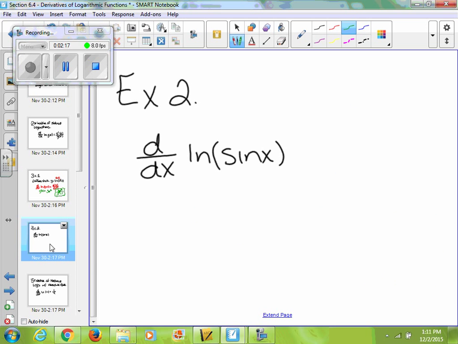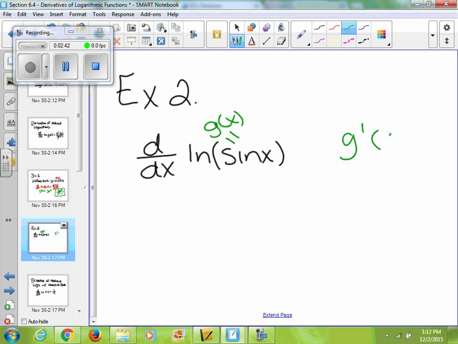Okay, so let's do the same thing for natural log of sine of x. So I know that sine of x is equal to my g of x. That's going to be my g of x function.